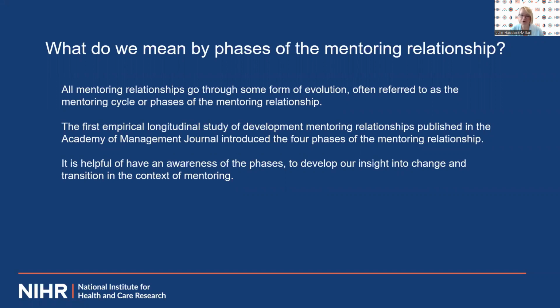The first empirical longitudinal study of the development of mentoring relationships was published in the late 1970s, early 1980s by Professor Kathy Cram. And she identified a number of transition points that mentors and mentees go through as the relationship develops and evolves over time. I'm going to share some of that with you in this session.